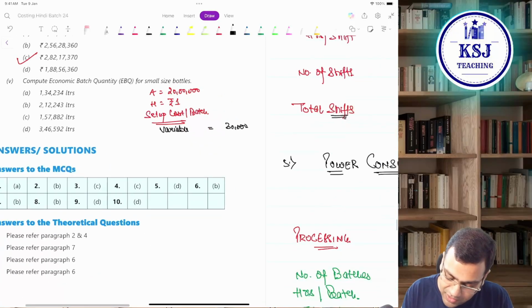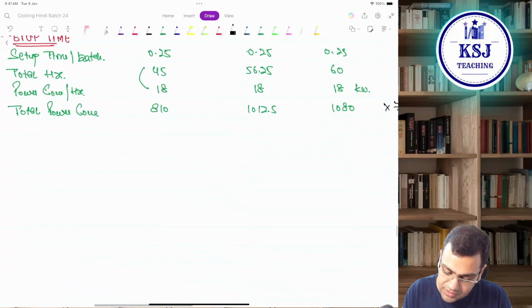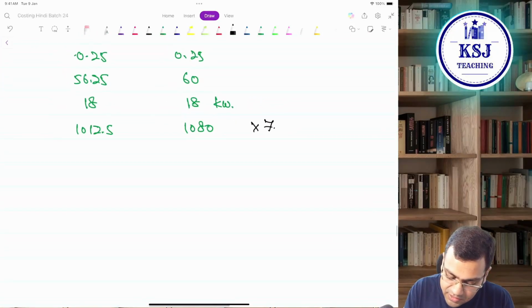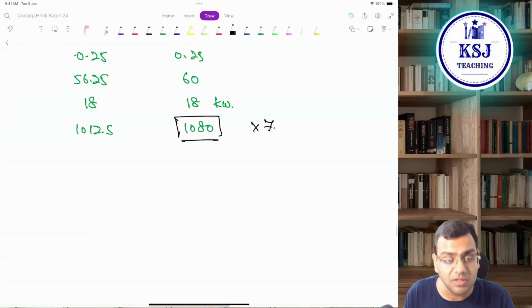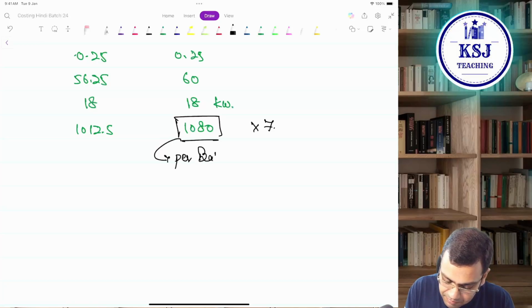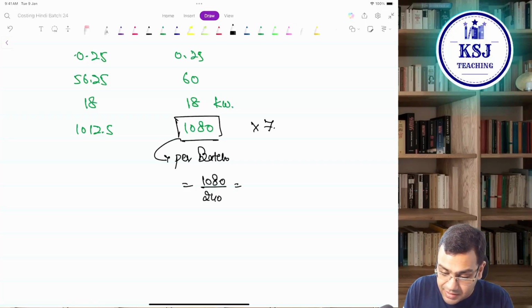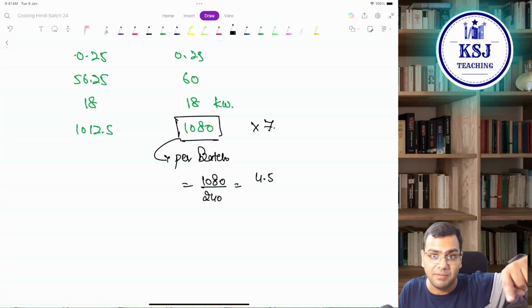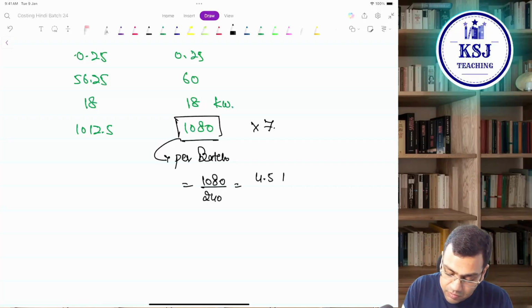So how to calculate that? See here, we calculated this for small bottles: 1080. This is the total power consumption. If I want to calculate the power consumption per batch, 1080 divided by 240 batches. So power consumption during the setup time is 4.5 kilowatts.